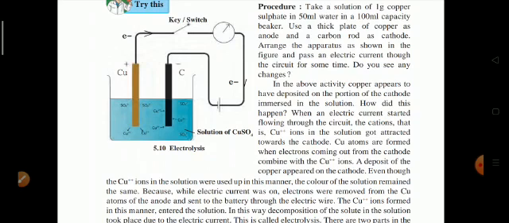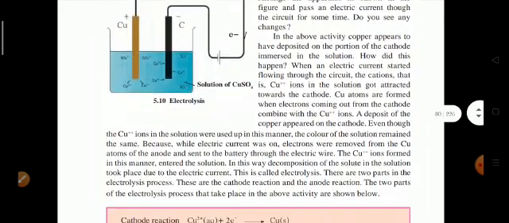Even though the Cu 2+ ions in the solution were used up in this manner, the color of the solution remained the same, because while the electric current was on, electrons were removed from the Cu atoms of the anode and sent to the battery through the electric wire. The Cu 2+ ions formed in this manner entered the solution. In this way, decomposition of the solute in the solution took place due to the electric current. This is called electrolysis.